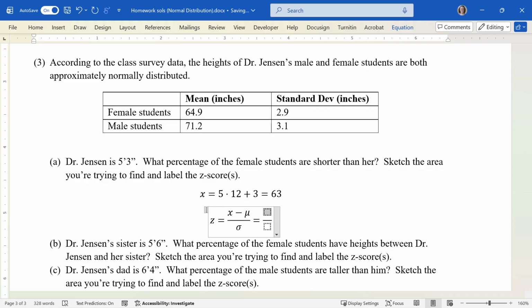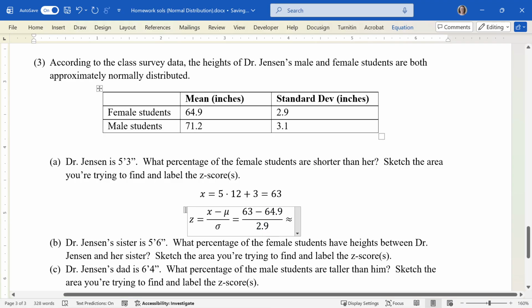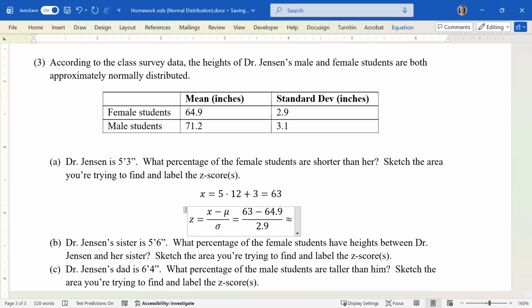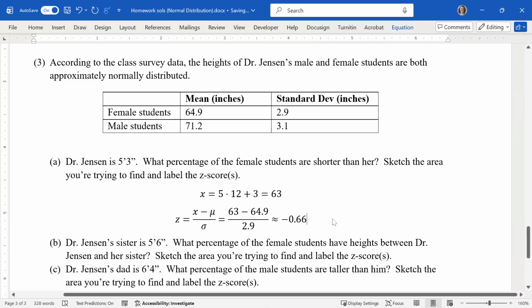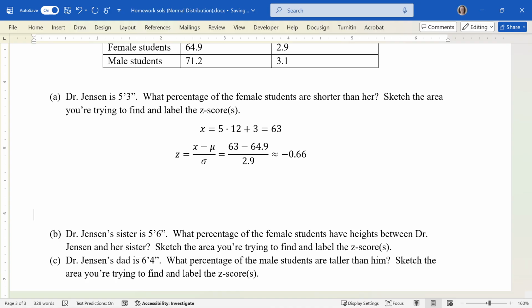So we're doing 63 minus the female mean, because I'm female, and then divide by the female standard deviation, 2.9. I'm going to round to 2 decimal places as usual. I'm getting negative 0.66. So now let me make you another beautiful thumb drawing.